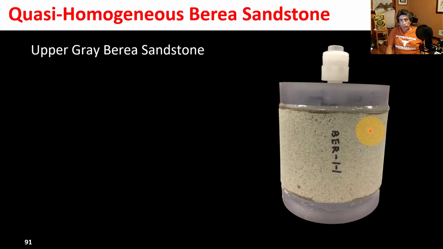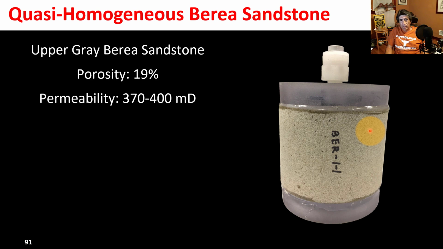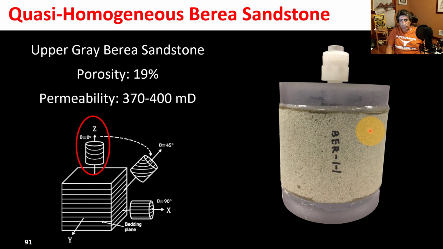Okay, so just to show you the Berea sandstone, this is a plot of the quasi-homogeneous Berea sandstone. The porosity is 19%, the permeability is close to 400 millidarcies.